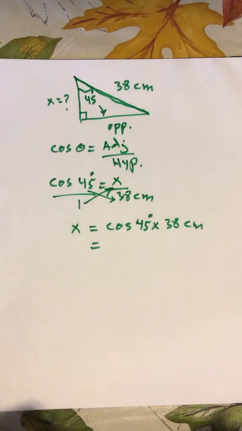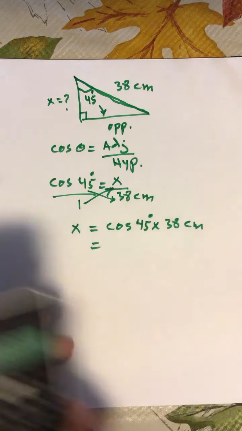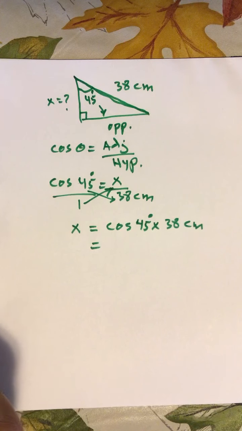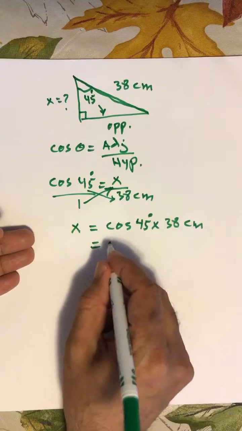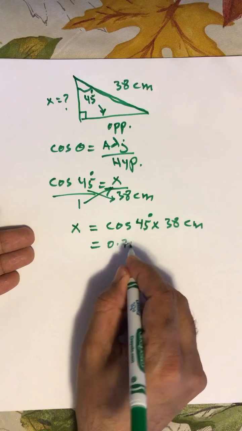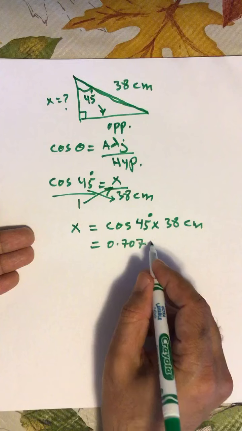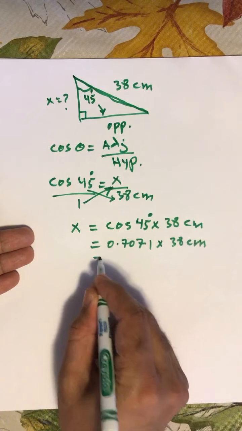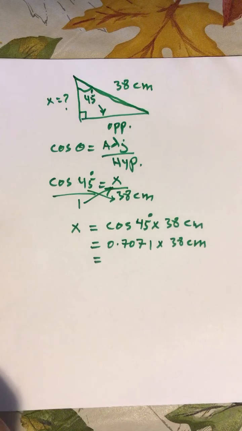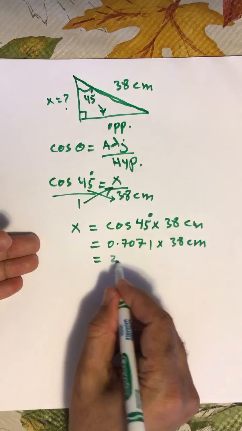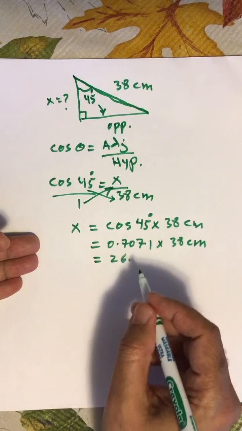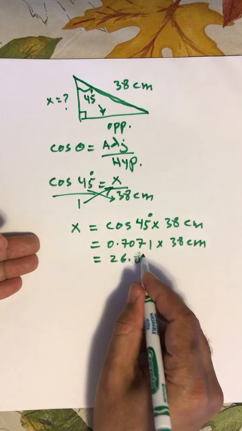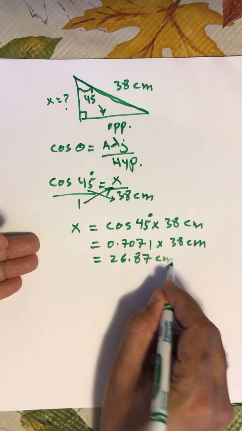Let's see what cosine 45 is equal to. Cosine 45 is 0.707. I'll say 1 times 38 centimeters, so I want to multiply 0.707 with 38, and we will get 26.87 centimeters.